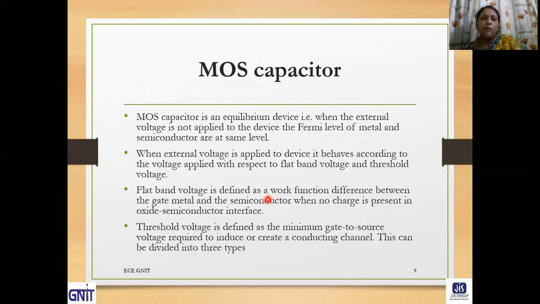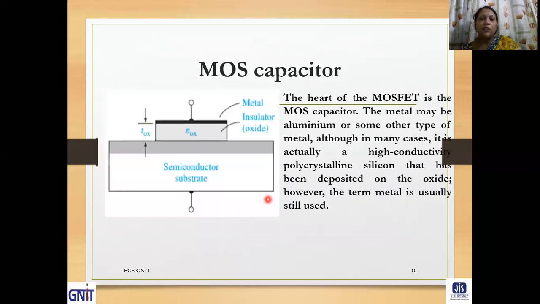We will discuss the flat band voltage later in detail, but here we will discuss the threshold voltage, that is, the minimum gate to source voltage required to induce or create a conducting channel. This can be divided into three types. The heart of the MOSFET is the MOS capacitor.